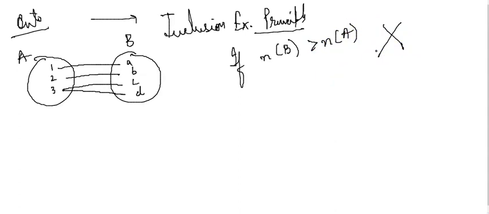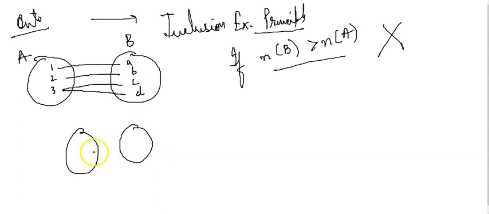So before calculating the total number of onto functions, you must be sure that the number of elements in B cannot be greater than the number of elements in A, because in that case all elements in B are not images of A. So if the number of elements in A, say m, is greater than the number of elements in B, say n, that is m is greater than n, now how can we calculate?